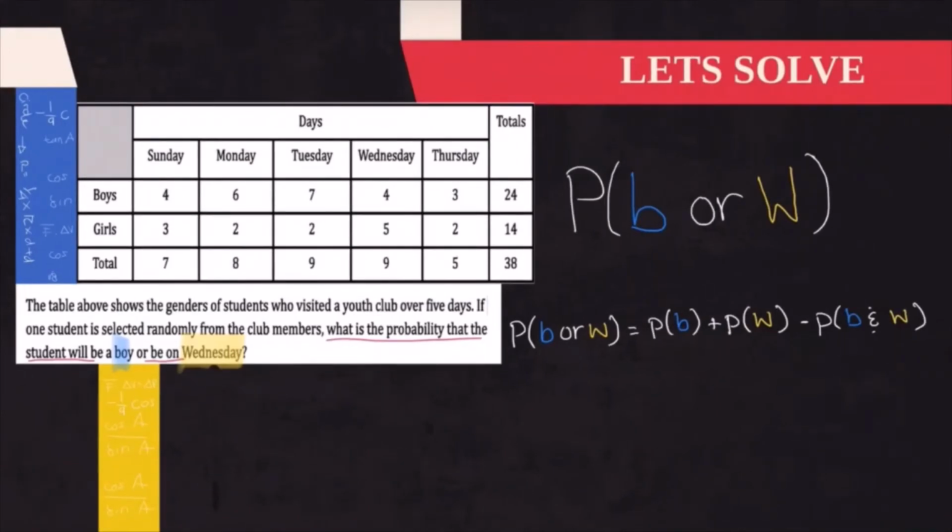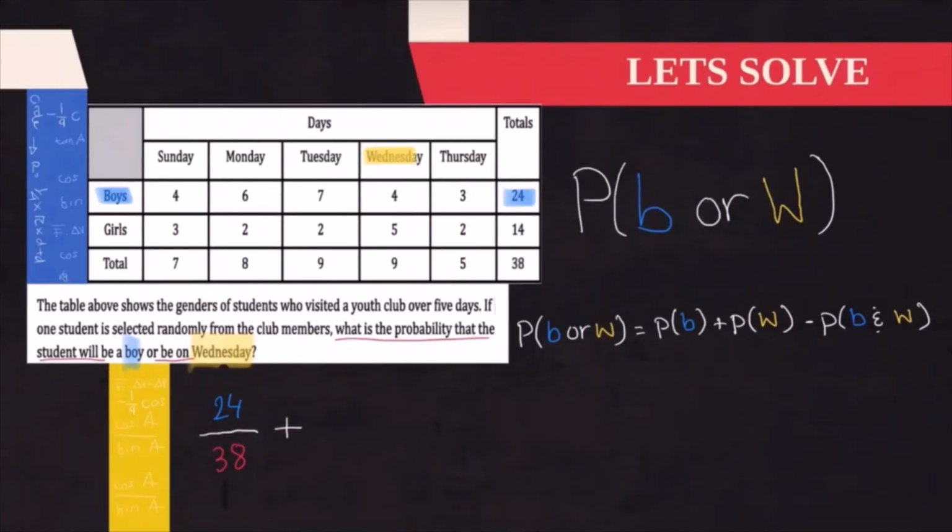The probability of the boys is the total of 24 over the total number of students in the youth club, plus the probability of Wednesday is the total students who attended on Wednesday, 9 students attended over the total of 38 students.